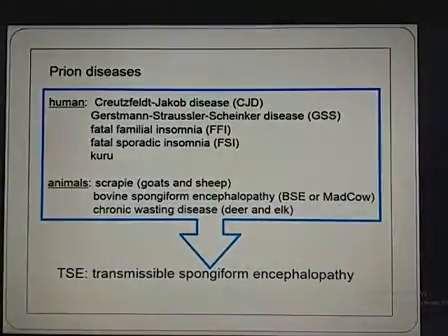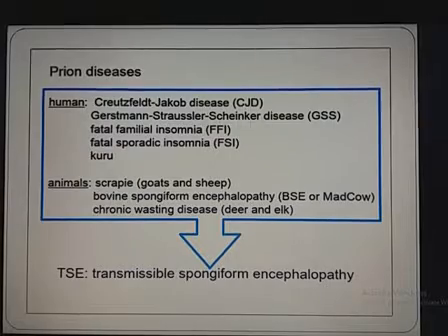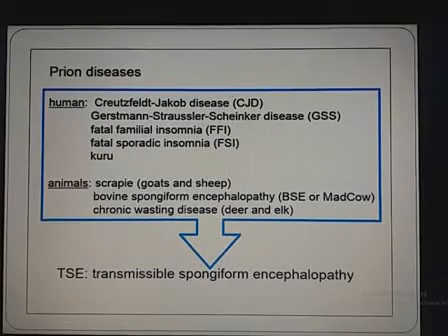So finally, several prion diseases are found in humans and animals. In humans, there are Creutzfeldt-Jakob disease, fatal familial insomnia, sporadic insomnia, Kuru, and GSS, that means Gerstmann-Sträussler-Scheinker disease.